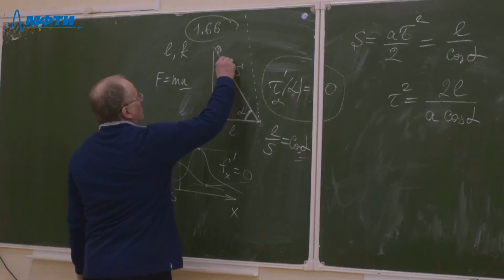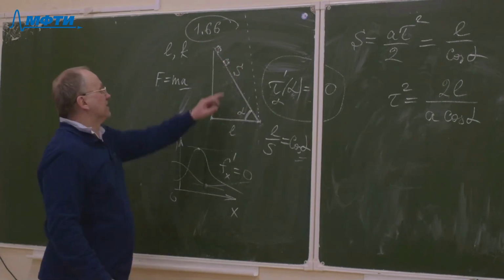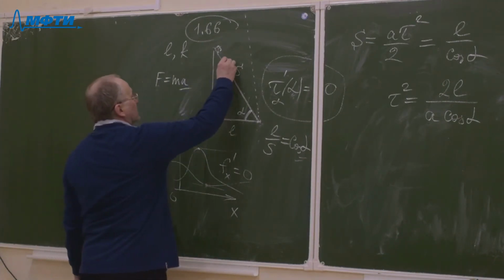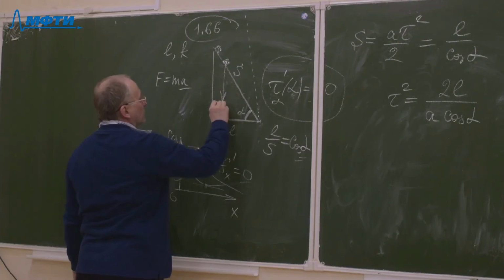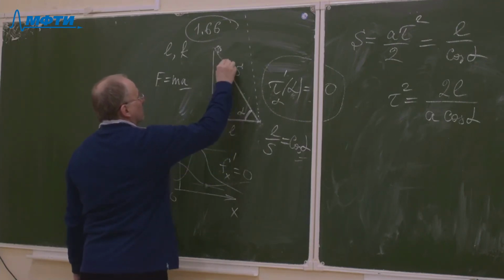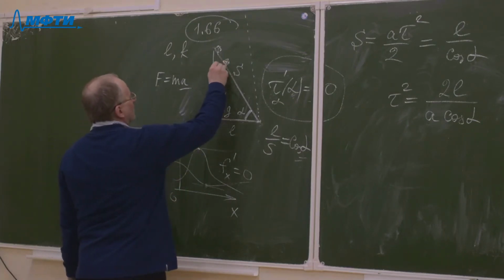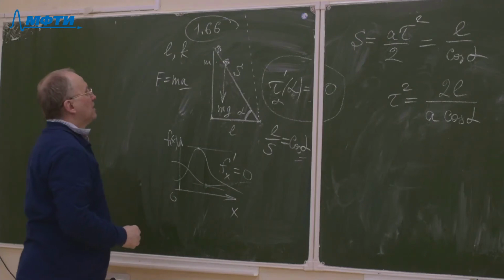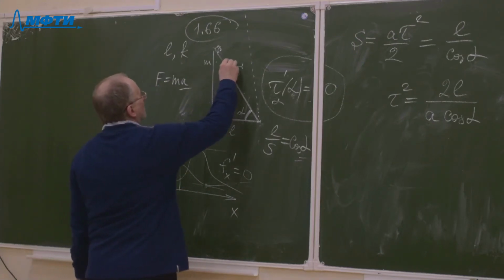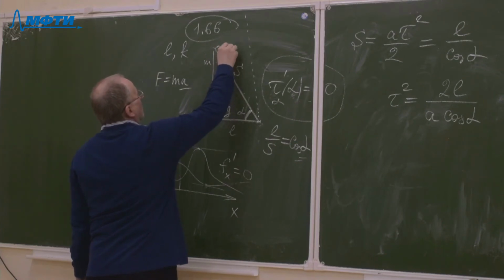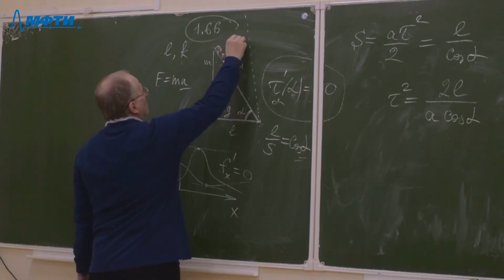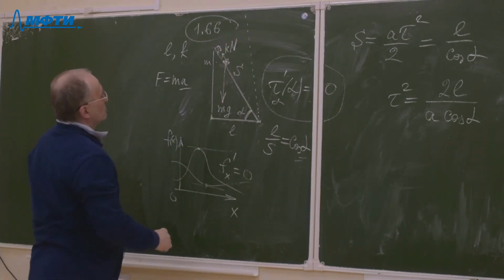What forces, what interactions is this body engaged in? First of all, this body is attracted to the planet Earth, and this force is applied to our body, and it's equal to mg if m is the mass of the body. And also, there is a force of friction, which is the coefficient of friction times the force of normal reaction of the surface.